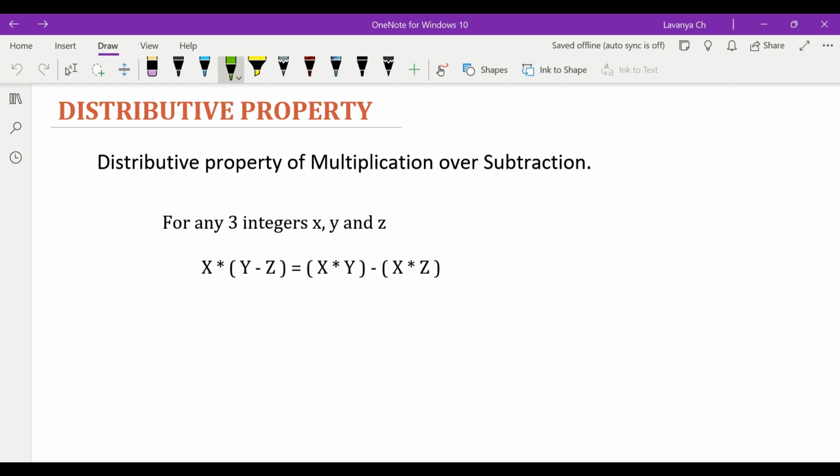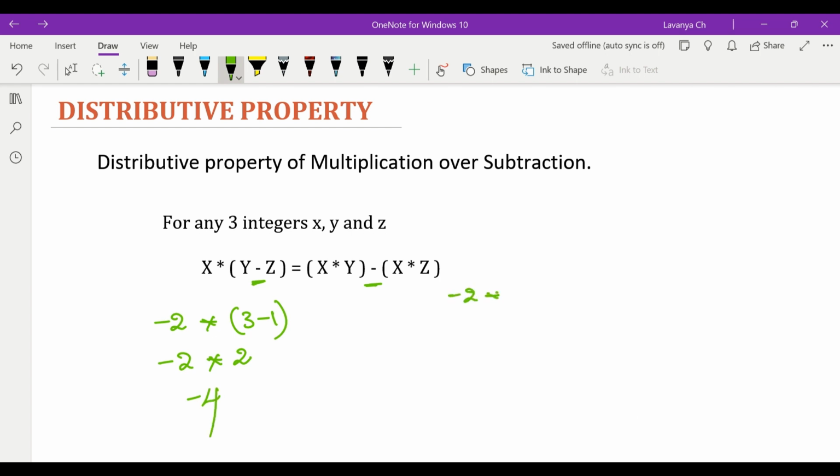Now we'll see for subtraction. Again it is the same, but here instead of plus we are keeping minus sign. So consider the same values. X is negative 2, y is 3 and z is 1. On completing this, we'll have 3 minus 1 is 2. The value here is negative 4.